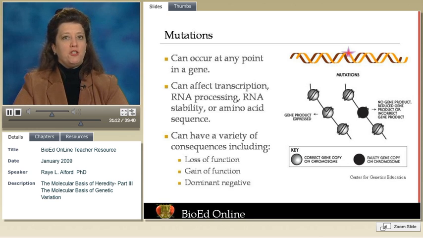Dominant negative mutations result in a protein that interferes with the normal functioning of other proteins. For example, if a protein acts as part of a multi-protein complex, a dominant negative mutation in one protein of the complex could interfere with the functioning of the entire complex. Alternatively, a null mutation may be less harmful because although there is less of the protein complex in cells, what is there functions normally.